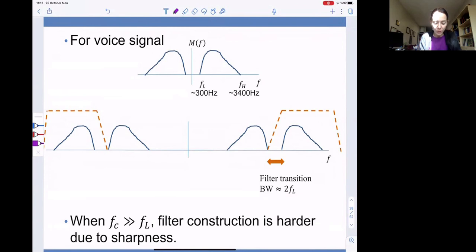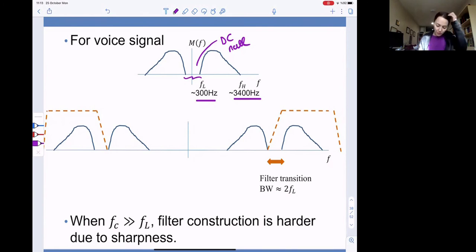Typical human voice starts around maybe 300 hertz, goes to around maybe 3.4 kilohertz. So there is a natural DC null here. Let me write the name, DC null. So that is convenient for the filter discrimination method for generating SSB.